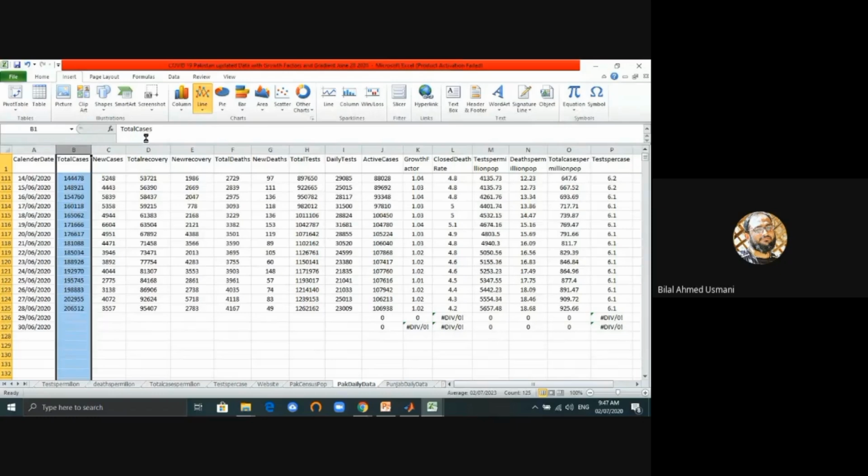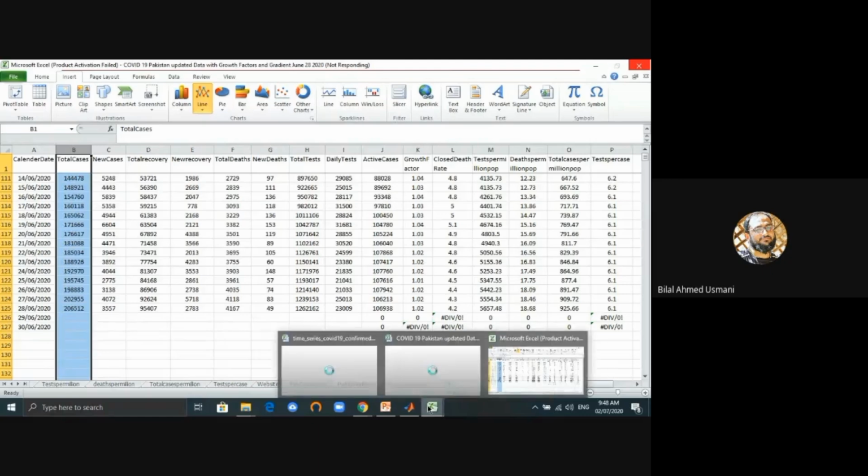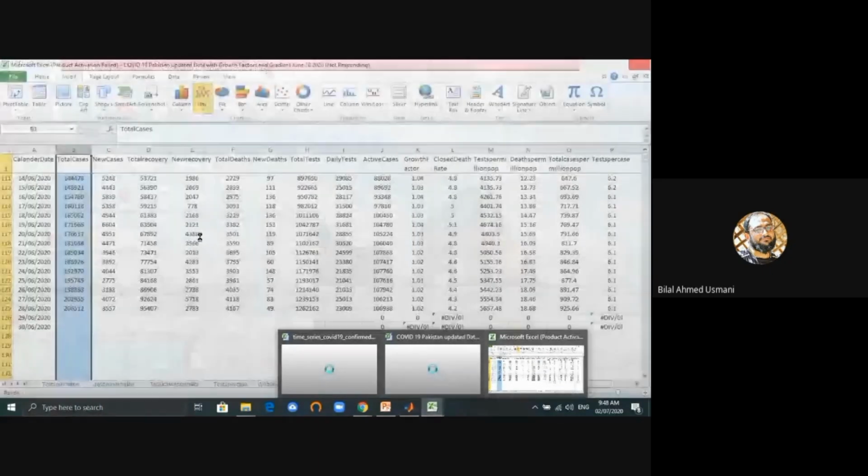If we look at them, I think a bar chart would be a better one for the new cases. Come on, it's taking forever.